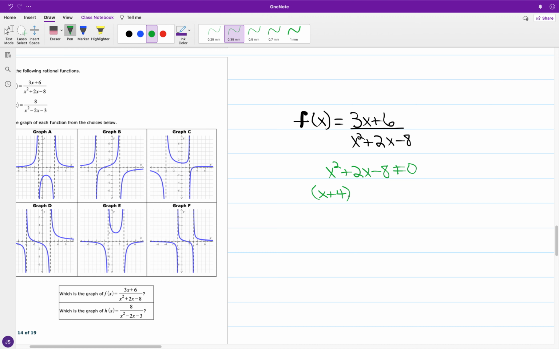And in factoring, you have the quantity of x plus 4 times that of x minus 2. So if x plus 4 cannot be 0, then we have that x cannot be negative 4. And if x minus 2 cannot be 0, well we have that x cannot be positive 2.